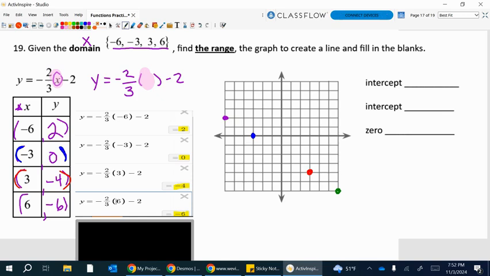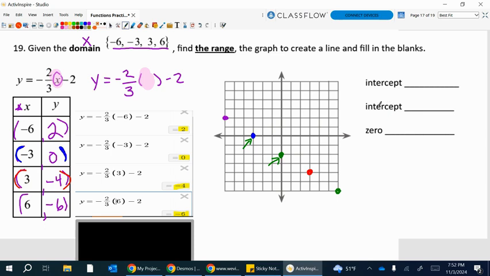Okay, so there is my graph, and I see my x-intercept right here, but I don't see my y-intercept. So I'm going to use the slope to help me find my missing point. So I see that this is down 2 and over 3. So I'm going to go down 2 over 3, and there is my y-intercept right there on the y-axis.